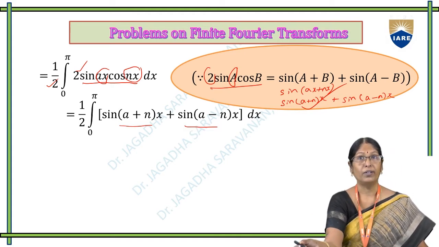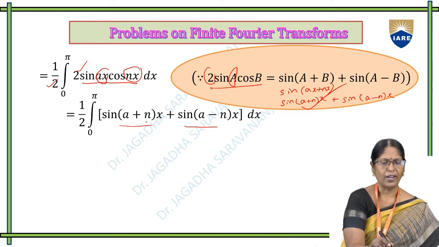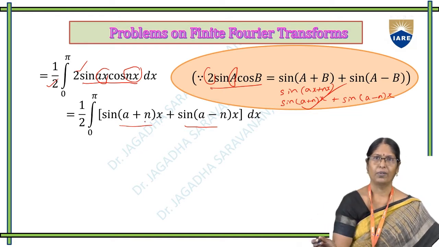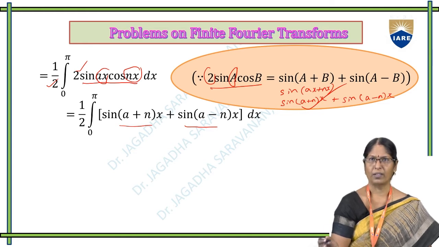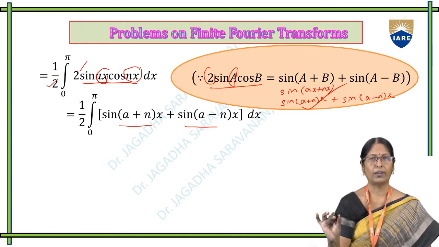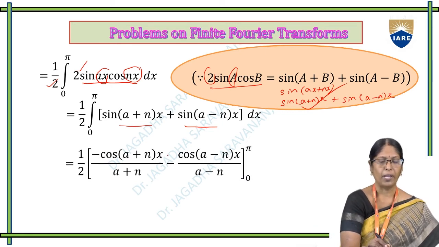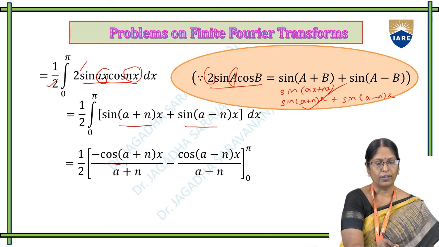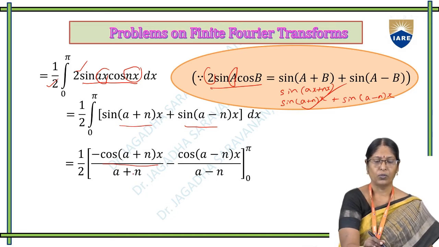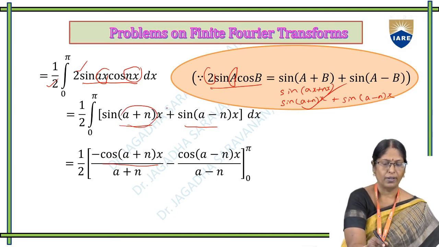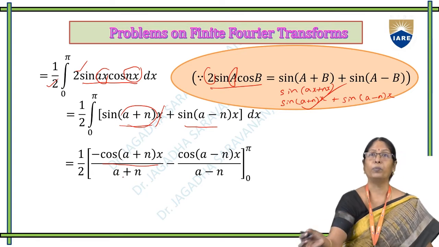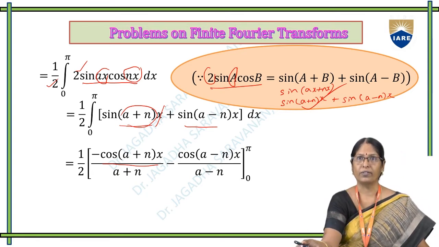Now we have to do the integration. The integral of sine of some term is minus cos of that term, divided by the coefficient of x. Leave x, and the remaining we put down. So minus cos of a plus n of x divided by a plus n.